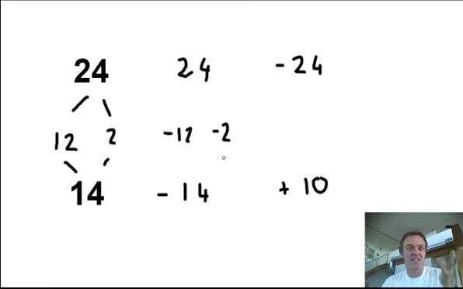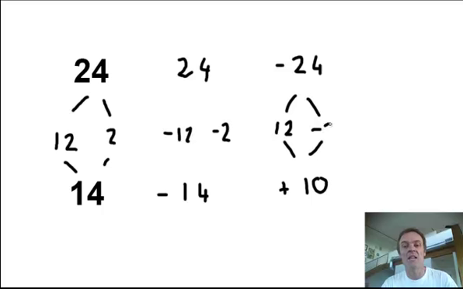I'm still going to go for the 12 and 2 at the moment. The two numbers are 12 and negative 2. So 12 times negative 2 is negative 24, and 12 plus negative 2 is positive 10.